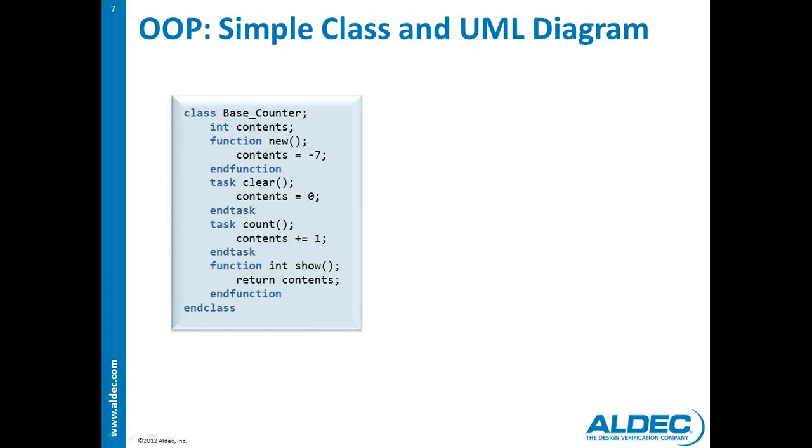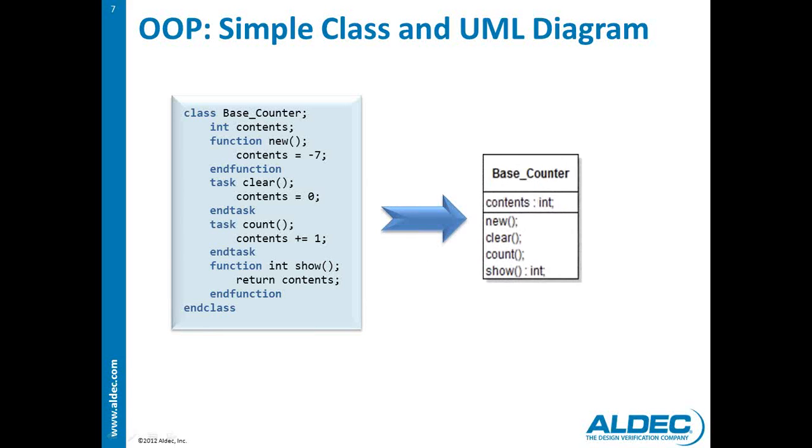Please note that even simple class descriptions can get difficult to read. That's why UML diagrams were invented to better deal with classes, especially if you have multiple classes with complex dependencies between them. UML stands for Universal Modeling Language, and as you see, it condenses contents of a typical class.